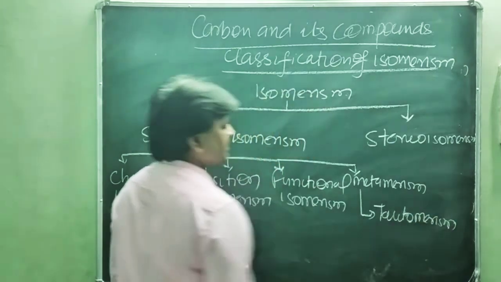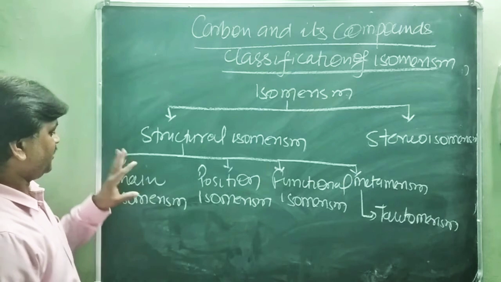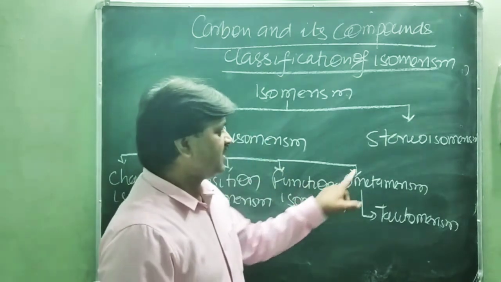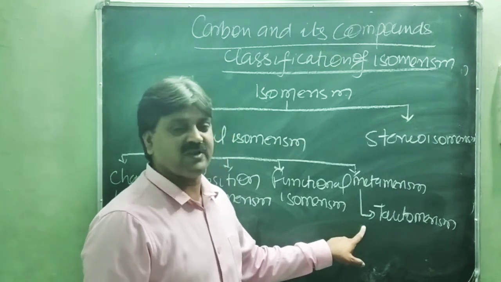There are 5 types of structural isomerism: chain isomerism, position isomerism, functional isomerism, metamerism, and tautomerism.